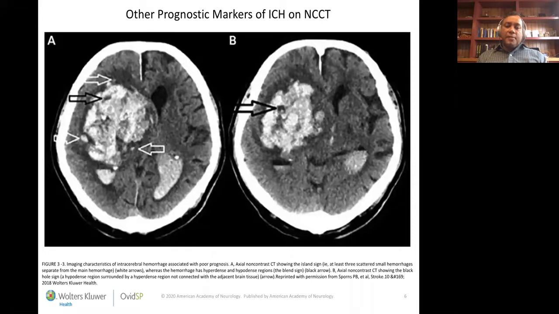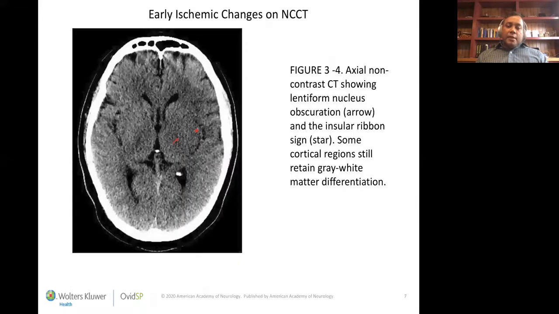Now we focus on early ischemic changes, jumping on from hemorrhage, again on the non-con CT scan. You see this scan, and here I see that the lentiform nucleus on the left side, where I'm pointing out with the red arrow, the borders are obscured. This is obscuration of the lentiform nucleus and early ischemic change.